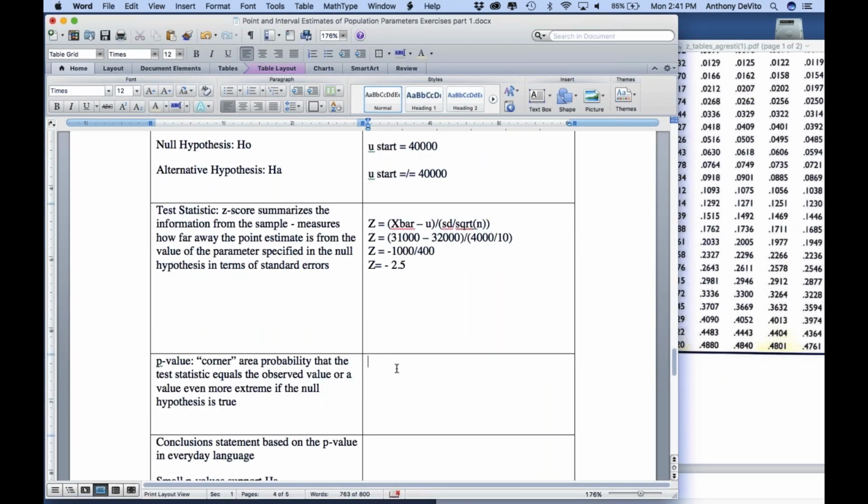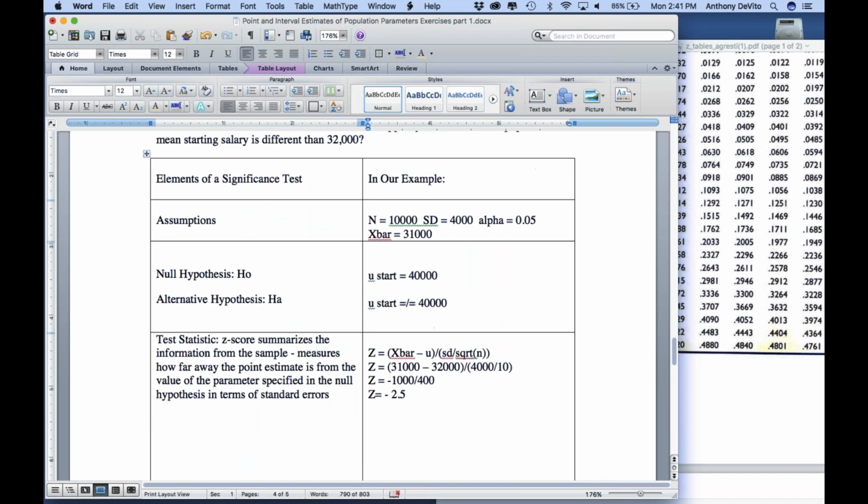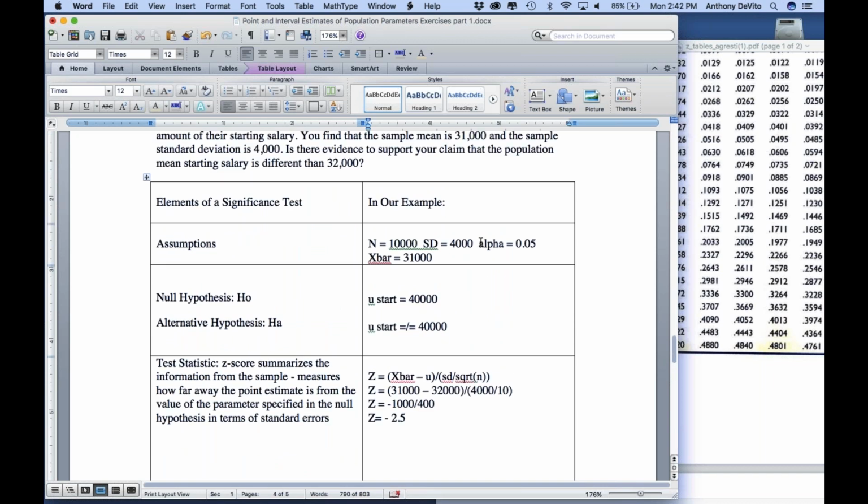So in other words, the p-value, the probability that we would get that extreme a value if they came from the same population, is going to be equal to 0.012 or 1.2%. Okay, now what was my original landmark for what level of certainty I wanted? 5%.